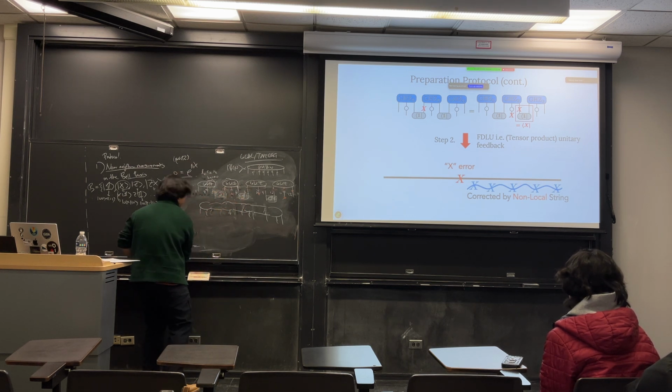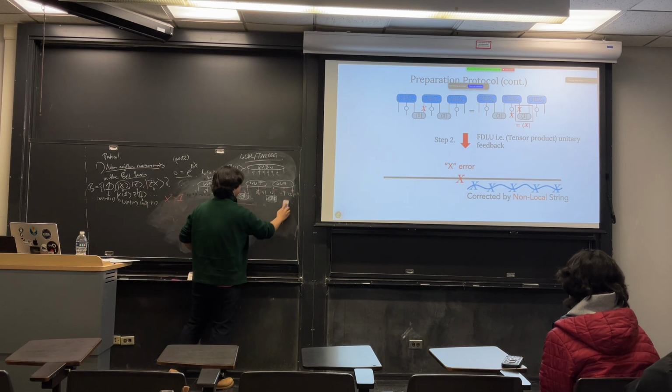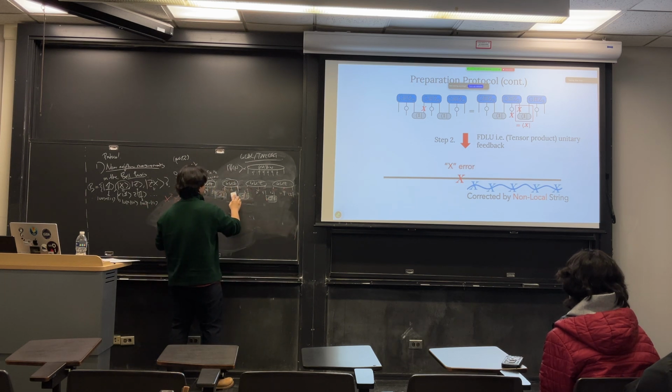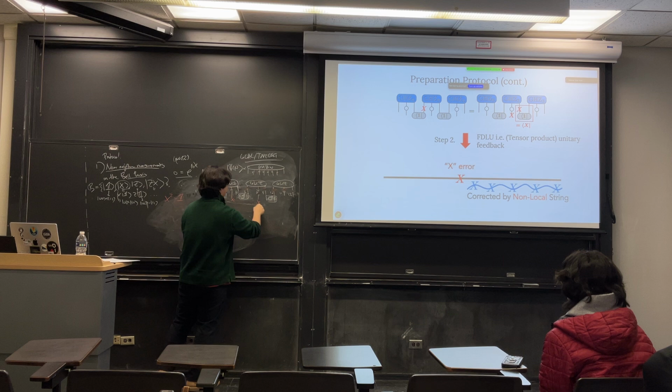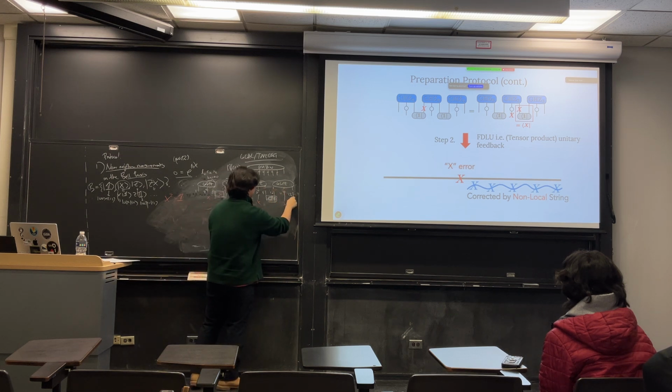And so if I did not draw any of those X's, what you can imagine is, if I just had an X here, and I apply this non-local string of Paulis, right?